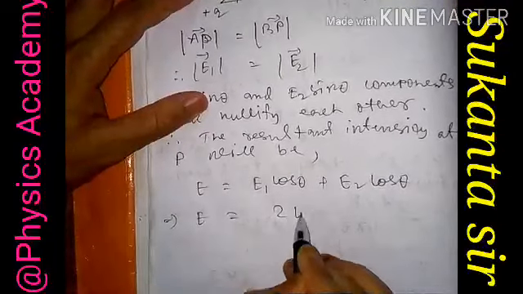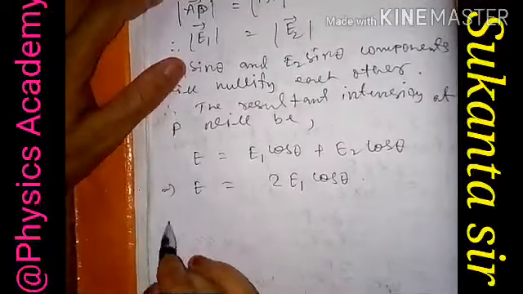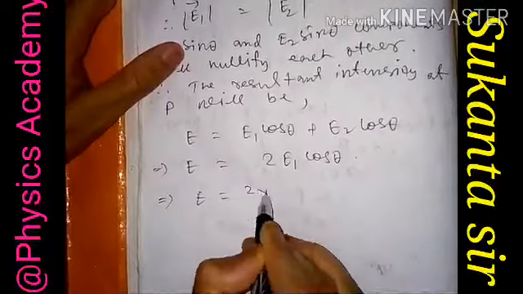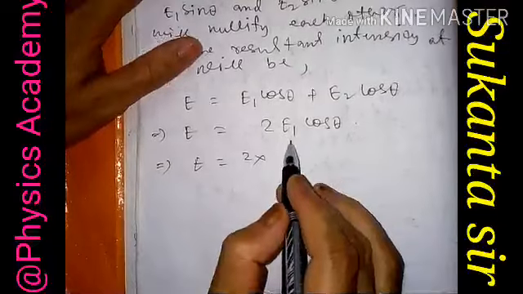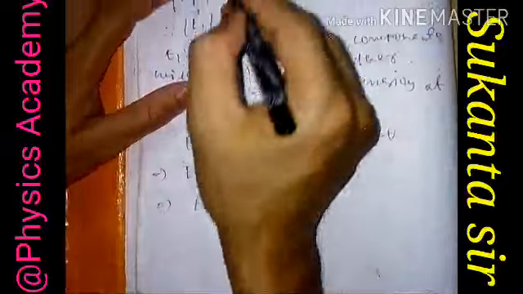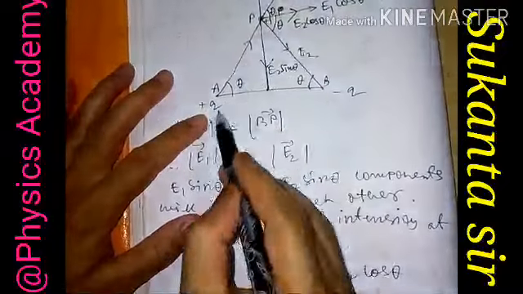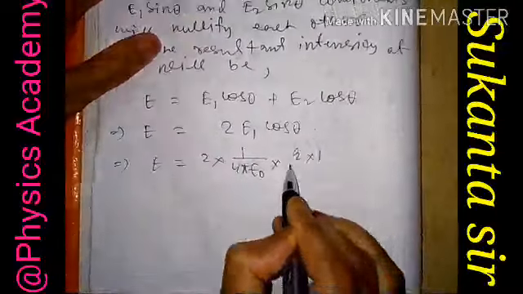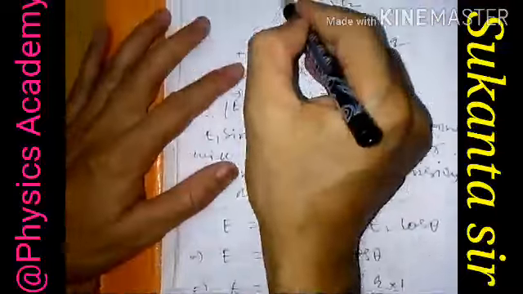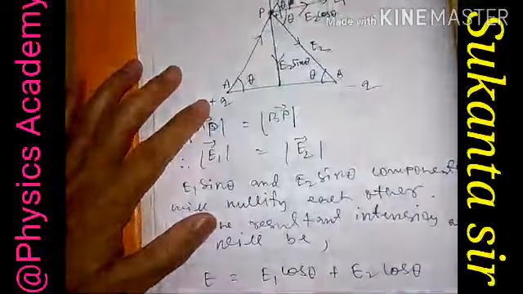E equals 2E1 cos theta, since E1 equals E2. Now put the values of E1 and cos theta. E1 is 1 by 4 pi epsilon naught into the force intensity between these two points. Here is a +1 charge and here is q. Therefore q into 1 divided by the distance, say AP square.